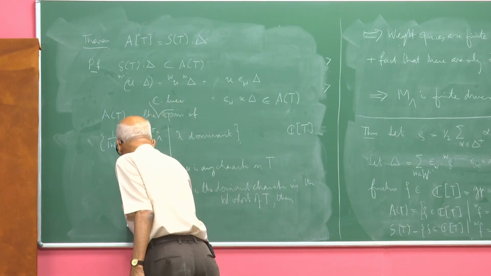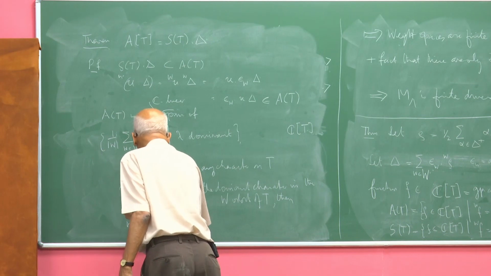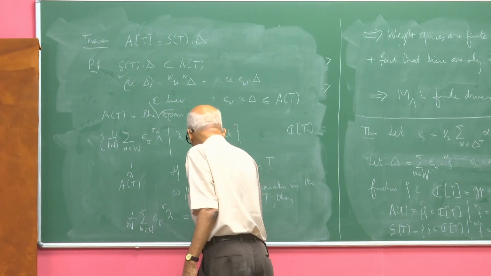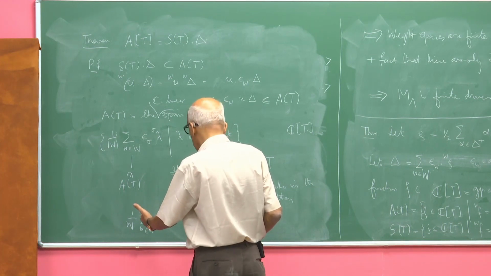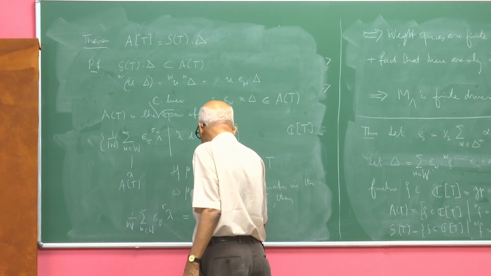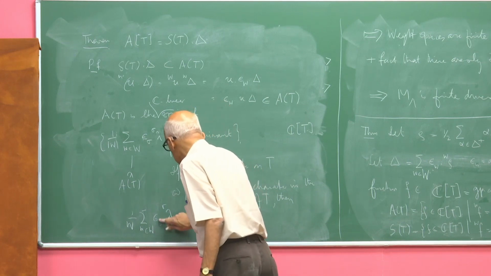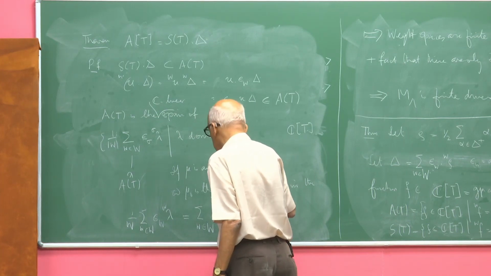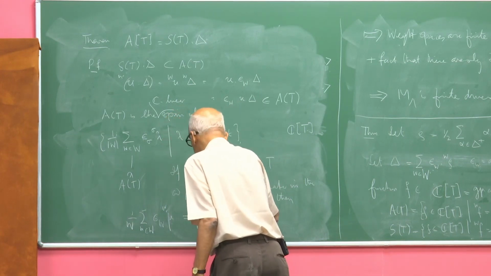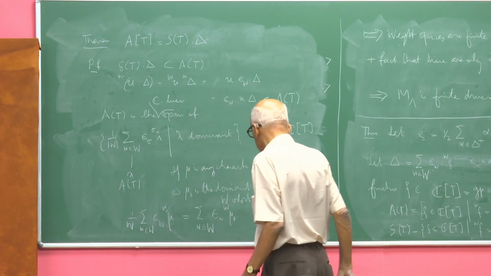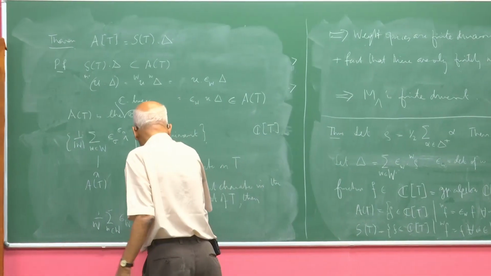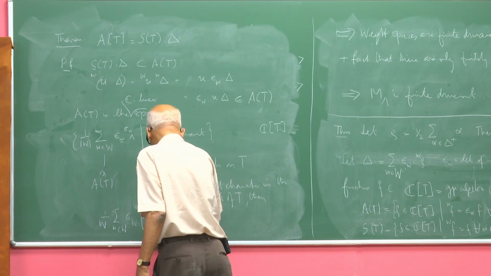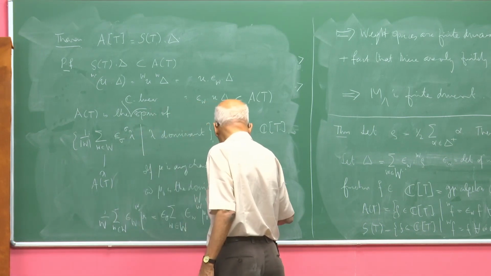Then we see that 1 over mod W, sum over sigma in W of epsilon sigma times sigma mu, where mu naught is sigma mu.